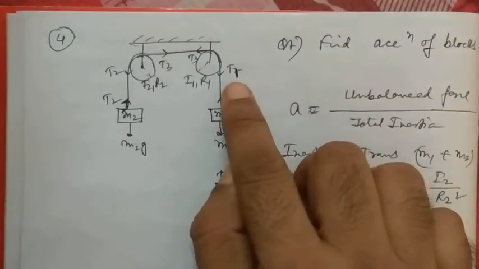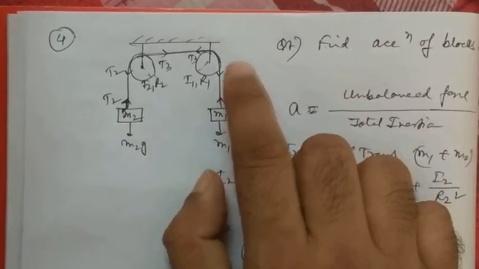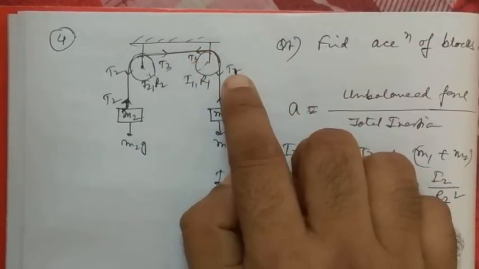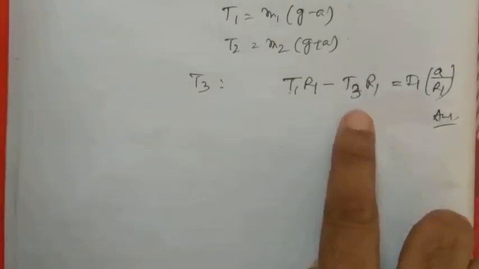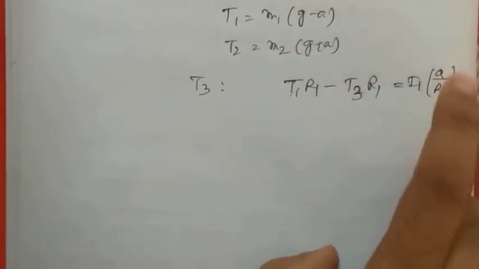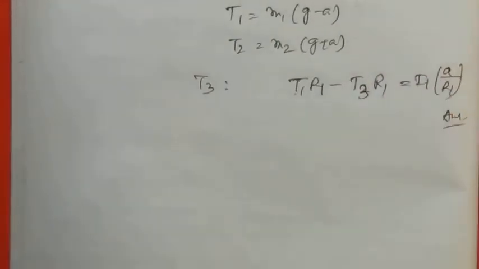So the torque due to T1 will be more than the torque due to T3. So T1 R1 minus T3 R1 is equal to I alpha, that is I1 a by R1.